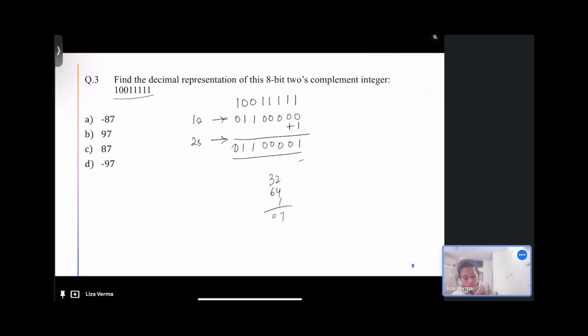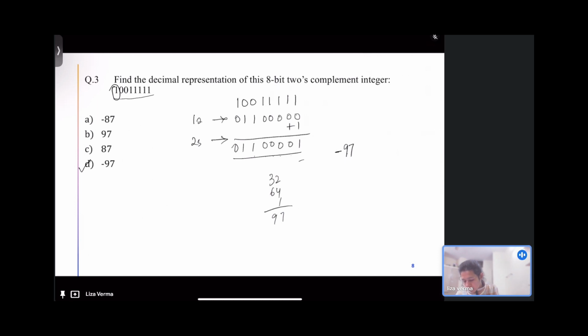So the magnitude of the positive number is 97, but since we know it was a 2's complemented number and the first bit was 1, it must have been a negative number, which means this was actually minus 97, right? So yeah, minus 97 is the correct answer. I hope this was easy. Now let's move on to the next question.